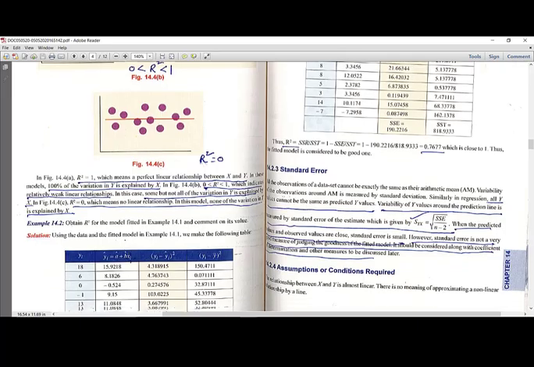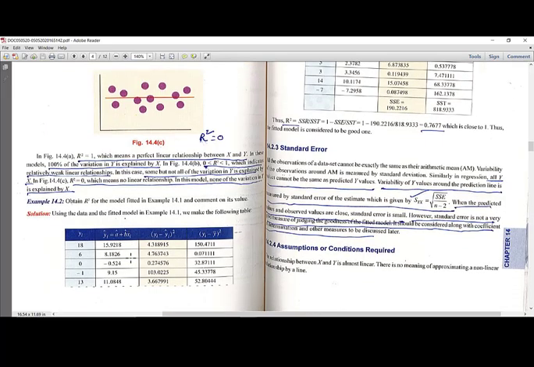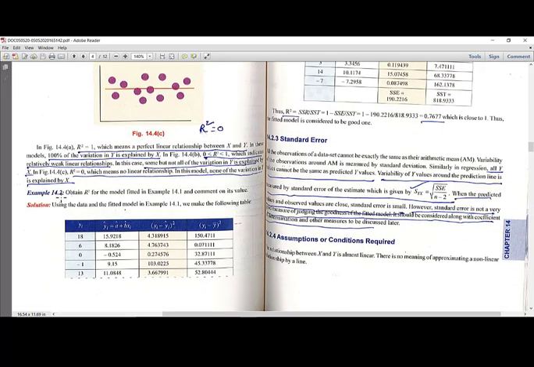Now for the same problem which we have seen as example 14.1, this part is related to obtaining R square for the model fitted in example 14.1 and commenting on its value.